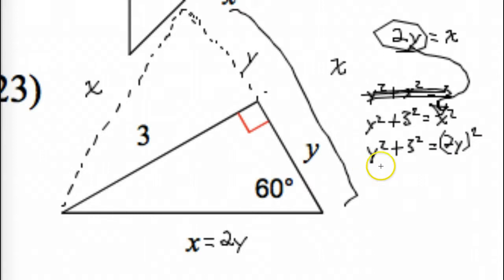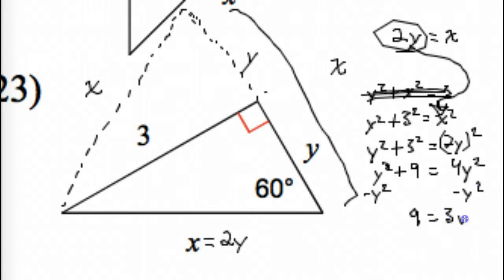Now with this, well then I'll have y squared plus 9 equals 4y squared. I could subtract a y squared from both sides. Then I've got 9 equals 3y squared, divide by 3. 3 equals y squared. Then what does y equal?